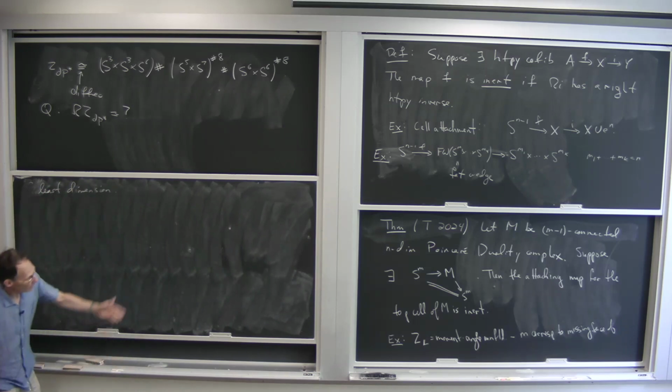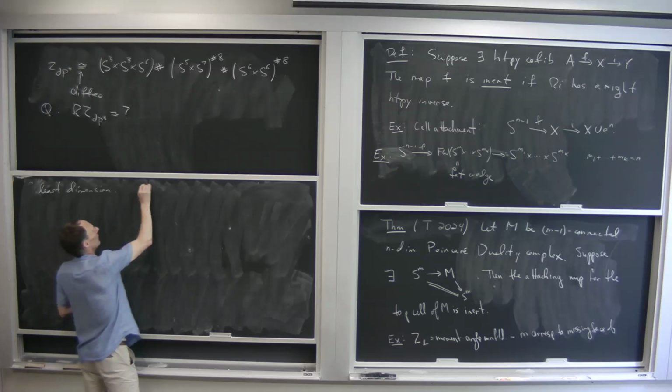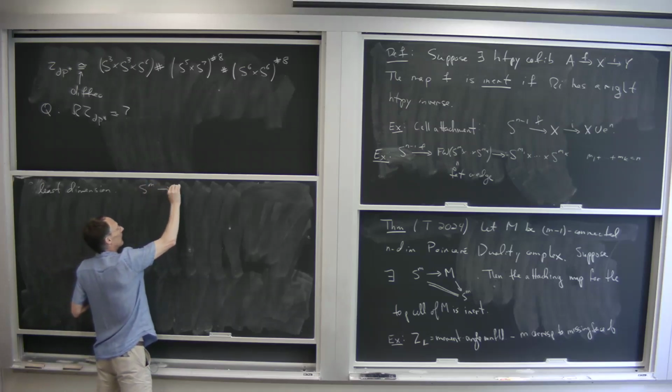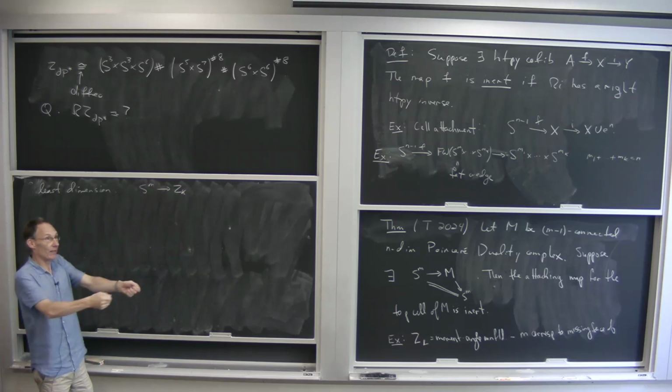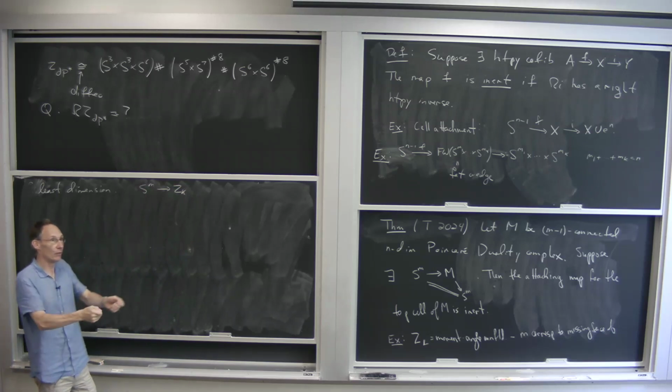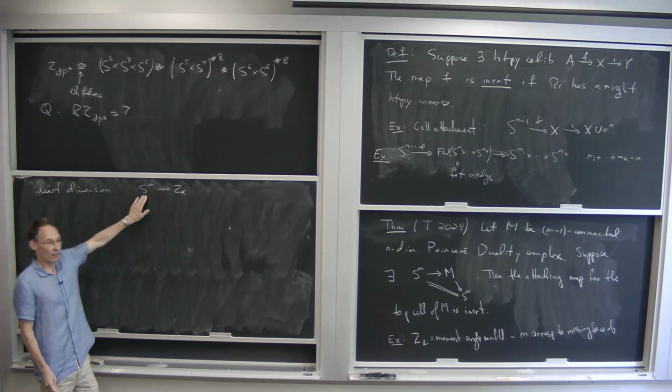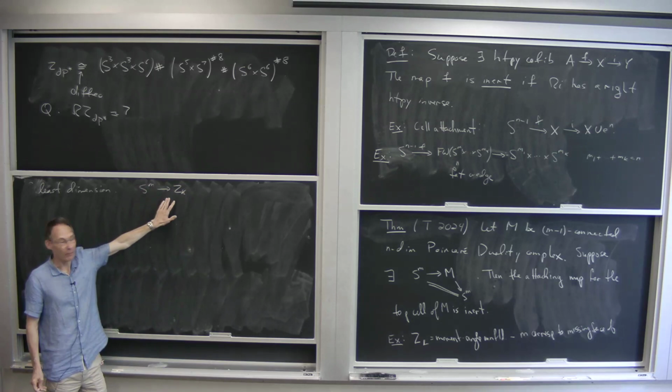Then the connectivity would say that you have an S^m into Z_K coming from a missing face of least dimension, which means you've got the boundary of a simplex. Look at the sphere that corresponds to that, map it in.